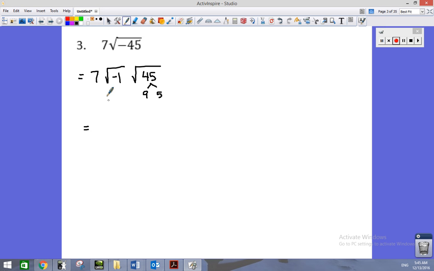The square root of 9 is 3, and 7 times 3 is 21. The square root of negative 1 is i. And then we have square root 5. I like to write it like this because if I write it like this and I have the i too close to there, people don't know if I'm taking the square root of i or not. That's why I put it out in front.